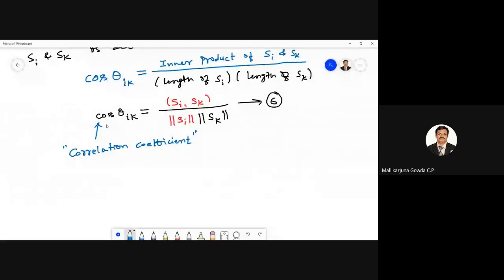Its magnitude is always less than or equal to 1.